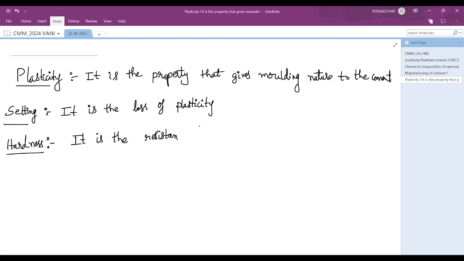That gaining strength can be achieved after having the resistance to the scratching or abrasion. Okay. So these are the properties.